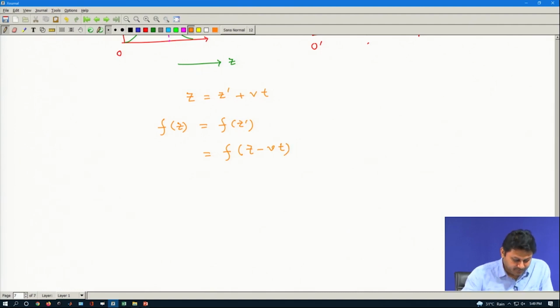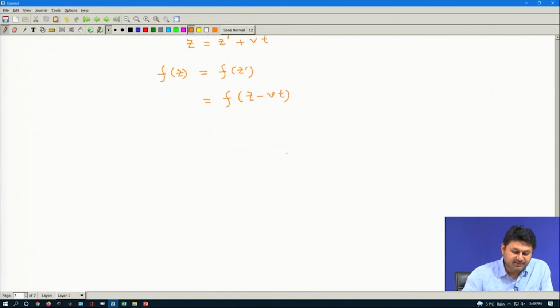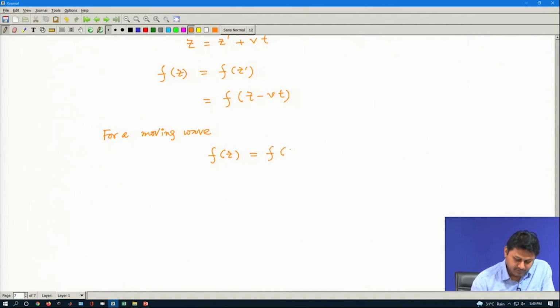So for a moving wave we have an interesting relation: f(z) is equal to f(z minus v t).